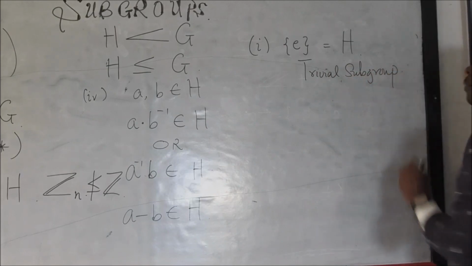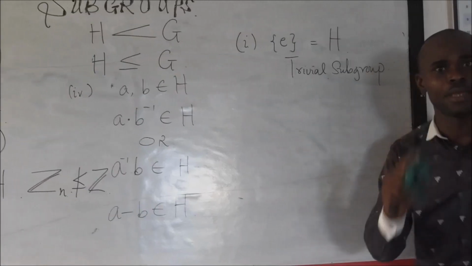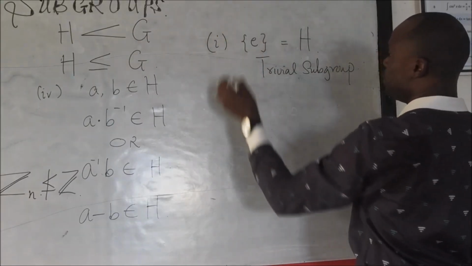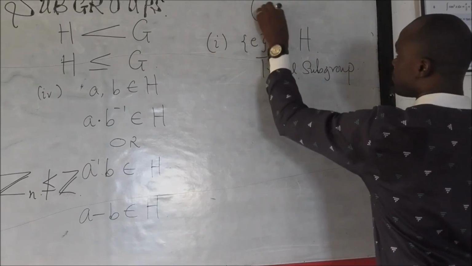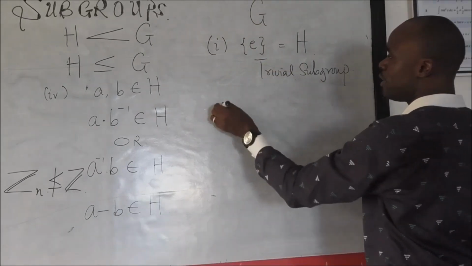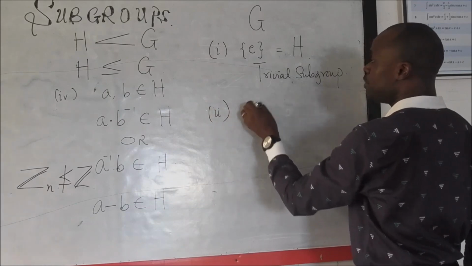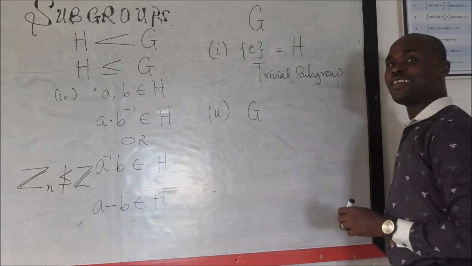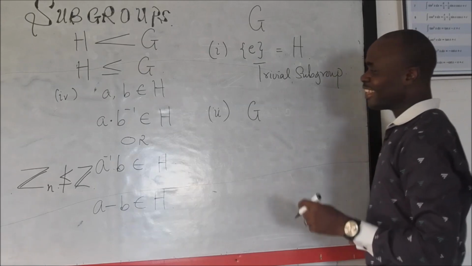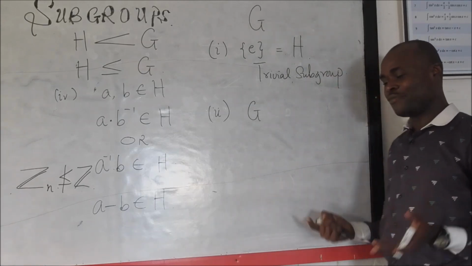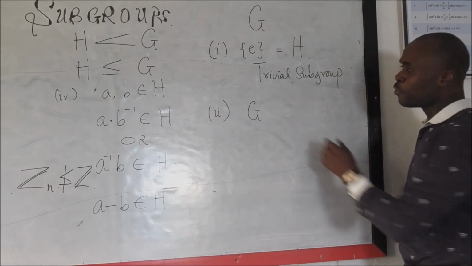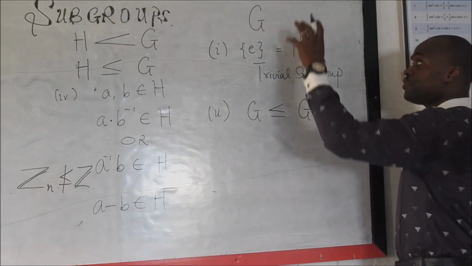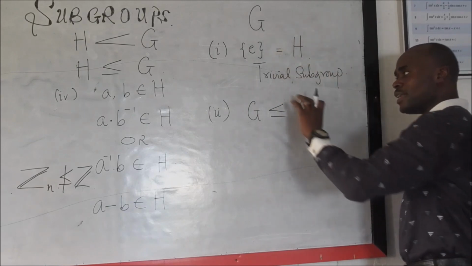This is a subgroup that has only one element, and that is the identity element. So, having G as a group itself, this is the trivial subgroup, and the next thing we have is G itself. G itself is actually a subgroup of itself. That sounds very funny, but G is actually a subgroup of itself. So this is a subgroup, and this is also a subgroup.